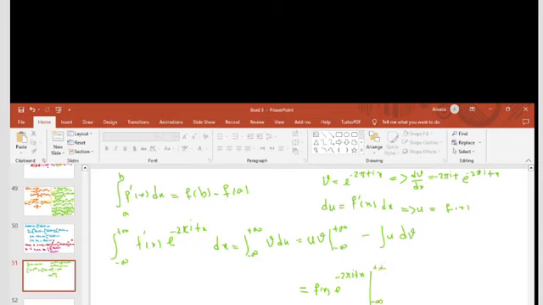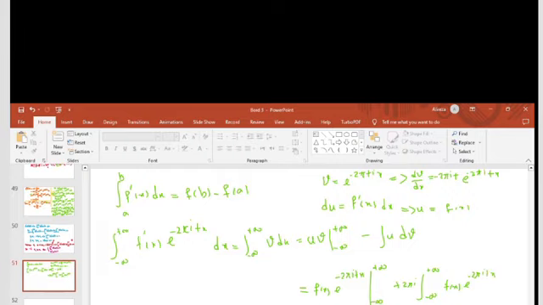and minus integral u dv, or plus 2 pi it times this integral of f of x e to the minus 2 pi itx.